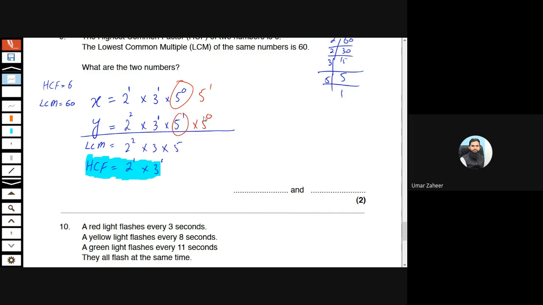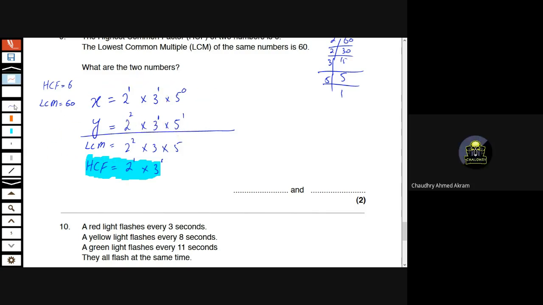Because in the LCM you have a 5. This means that you have a 5 in the first number or you have a 5 in the second number. I just assume that we have a 5 in the second number. Got it? So because of the LCM, I just write 5 here. Is it clear? How I just write it?